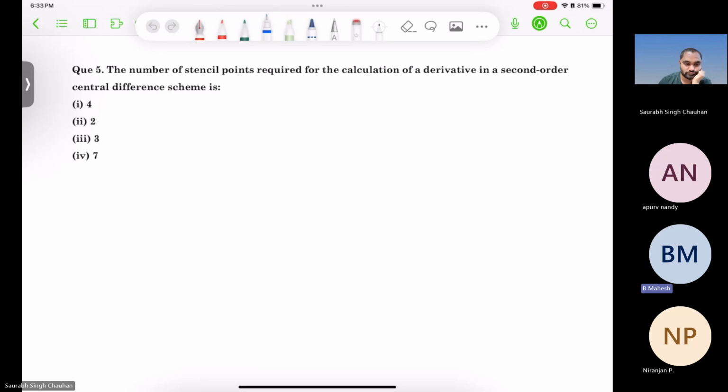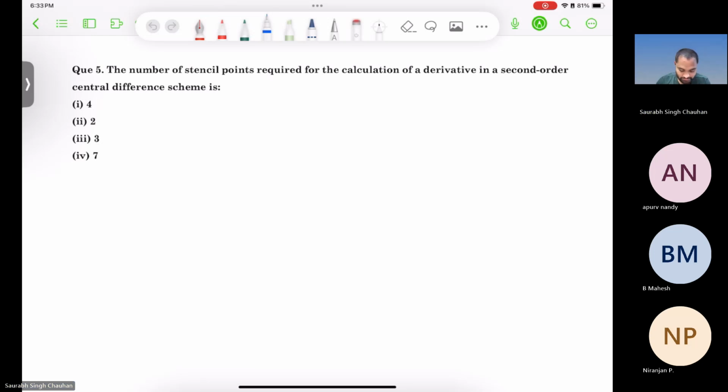I think 3 points, sir. Yes, 3 points. So stencil points are basically the set of grid points which are used to calculate these derivatives or any other quantity.